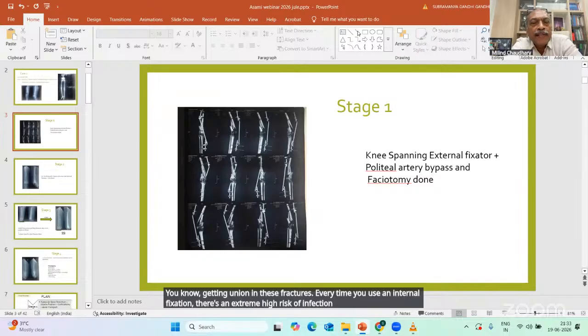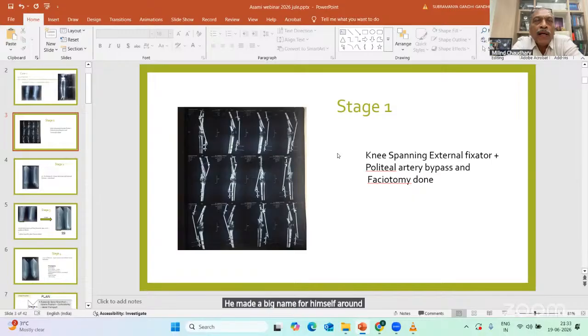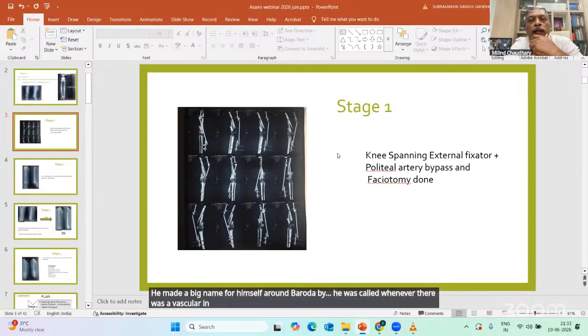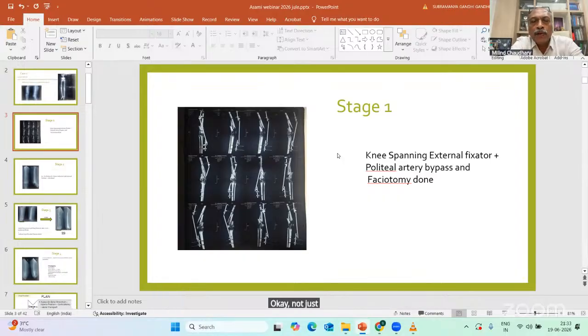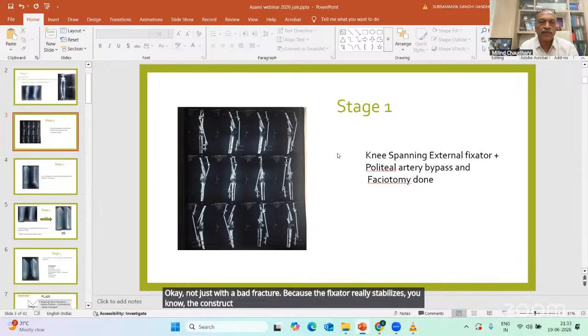And very interestingly, one of our older members, Ajit Patil, made a big name for himself around Baroda. He was called whenever there was a vascular injury, so much so that he was called to put on an Ilizarov for pure vascular injury, not just with a bad fracture, because the fixator really stabilizes the construct of the vascular repair.